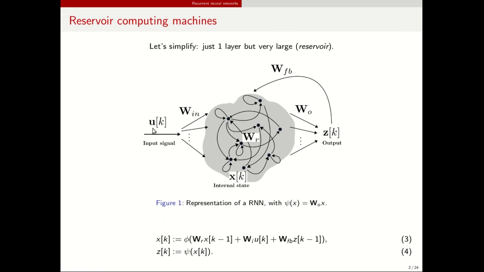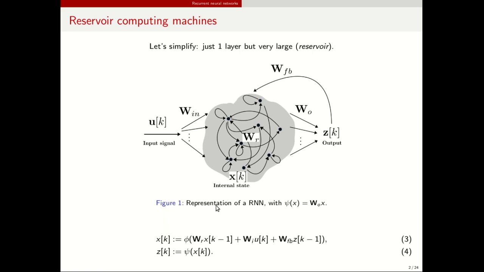we've got the input signal u at time k, which is injected into the network by means of this matrix Win. We read out the internal state of the network by means of this matrix Wo, and we get the output vector z at time k, and also we allow feedback of the output into the network by means of this additional matrix Wfb, which can be useful in some tasks.